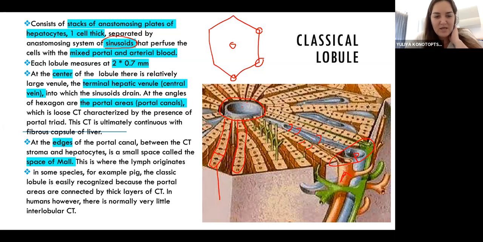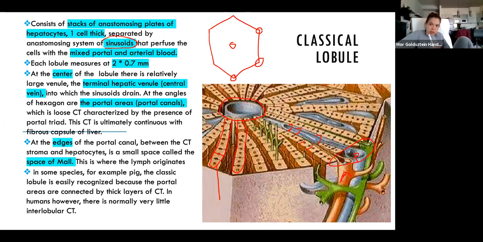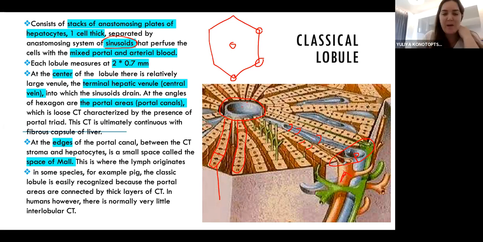Remind me, where is the blood from the portal vein coming from? It's coming from the intestines. The blood carried by the portal vein goes into the liver, carried from the intestines to the liver.